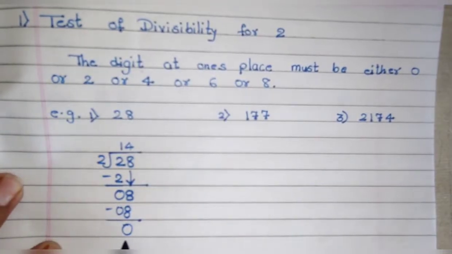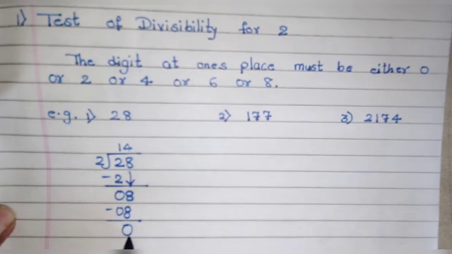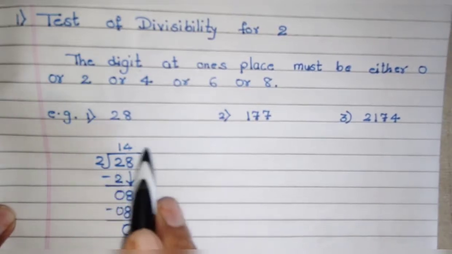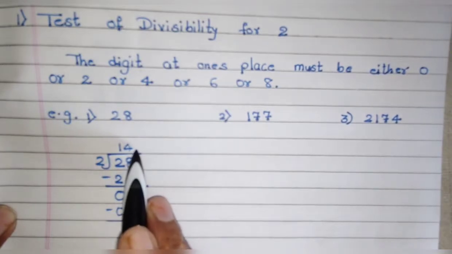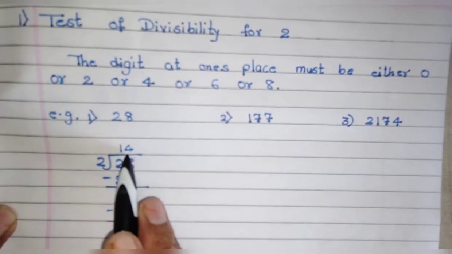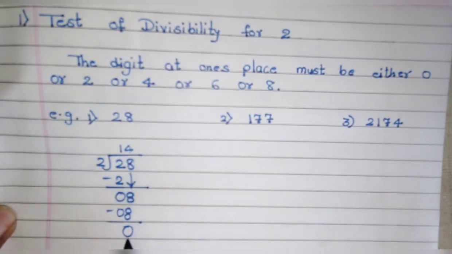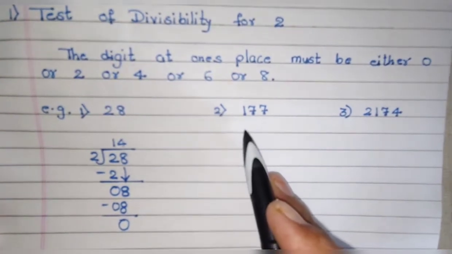When the remainder is 0, we can say that the division is completed and the whole number of the quotient is your answer. So when 28 is divided by 2, the answer is 14. And yes, the division is completed. How you will come to know this? By the remainder 0.